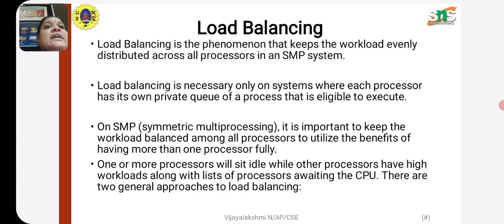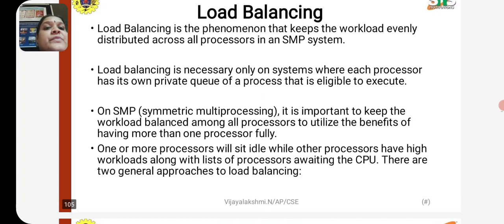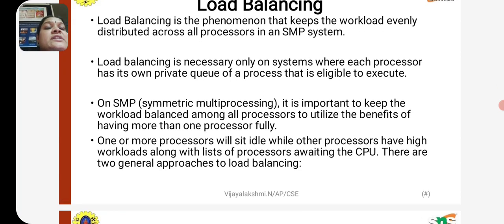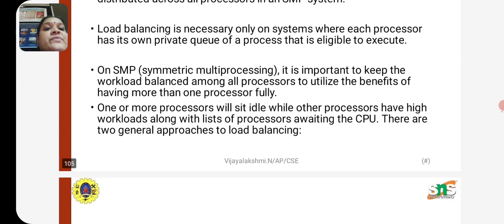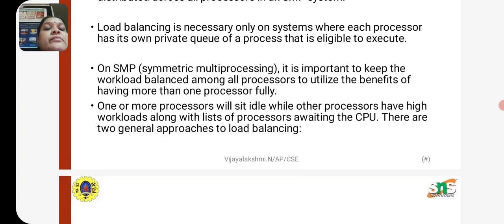We should not act exactly like a single processor. It is necessary only on systems where each processor has its own private queue of processes which are eligible to execute. In symmetric multiprocessing, it is very important to keep the workload balanced among all processors to fully utilize the benefits of having more than one processor.